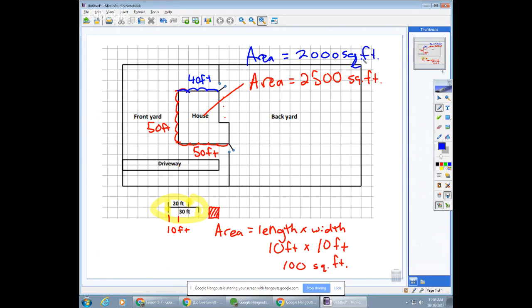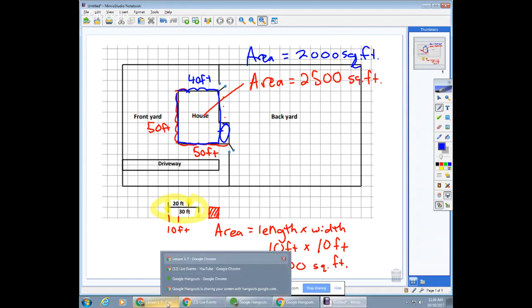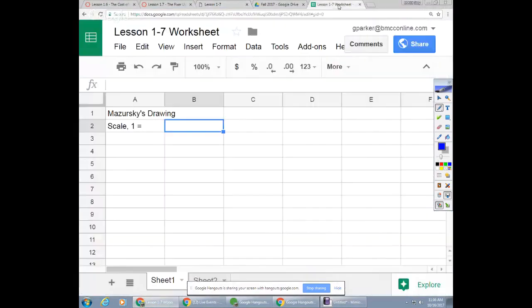So I'm going to jump this into my spreadsheet to do the calculation, because my spreadsheet is a calculator. And I think what I'll do for this house is I'll view it as this rectangle right here plus this little pop out right there. All right. So somewhere I have a spreadsheet. There we go.